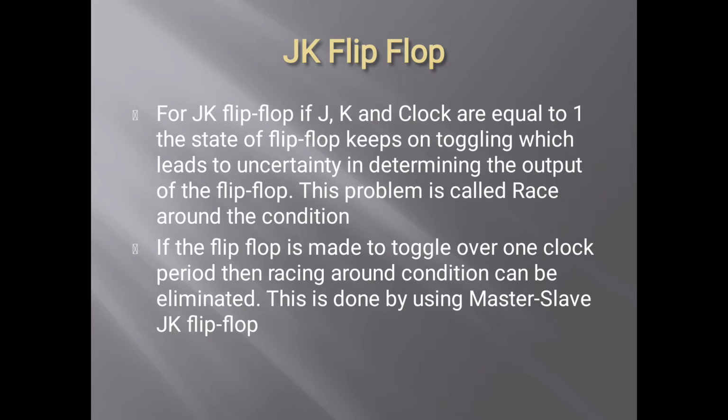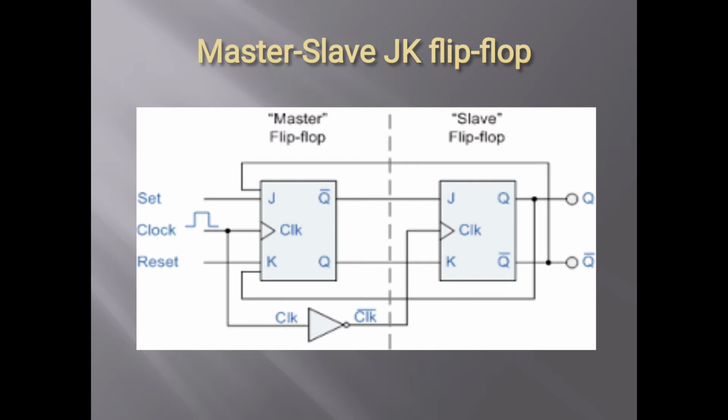This race around condition can be overcome by the master-slave JK flip-flop. In the master-slave JK flip-flop, if the flip-flop is made to toggle over one clock period, then the racing around condition can be eliminated. See, with the help of the diagram, in the master-slave JK flip-flop, we join two JK flip-flops. First one is the master flip-flop, second one is the slave flip-flop.